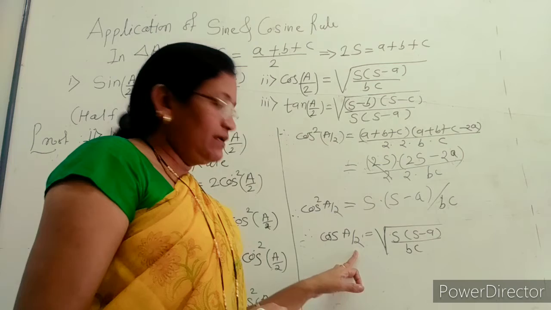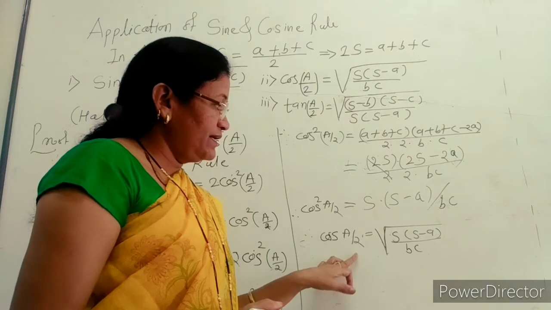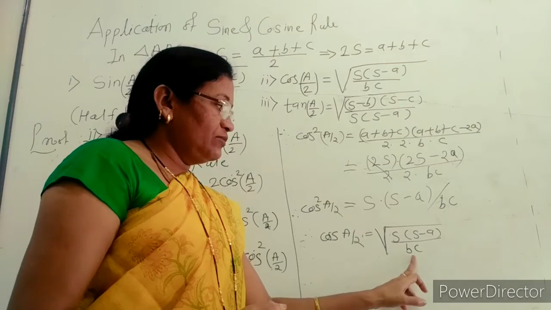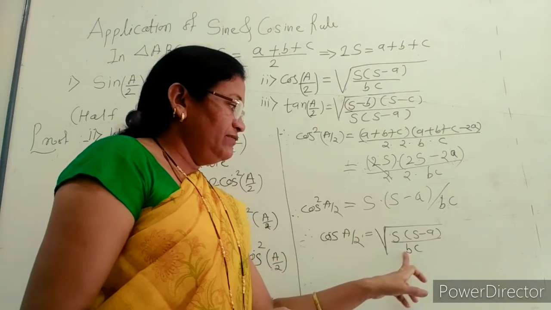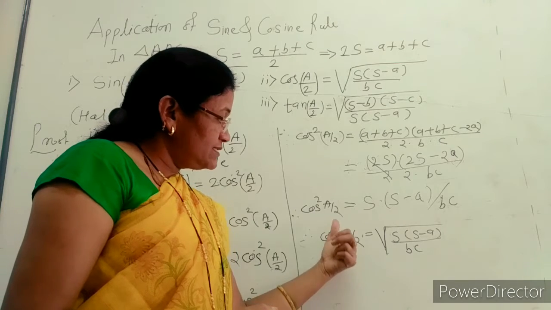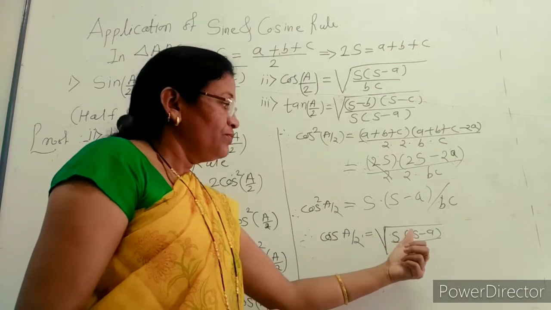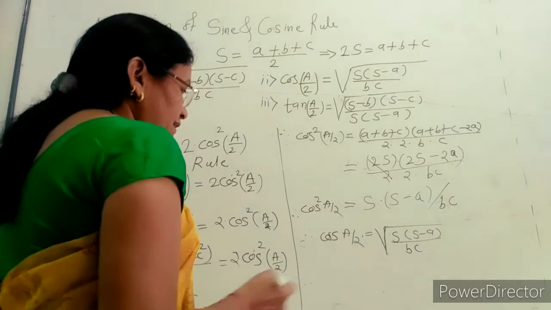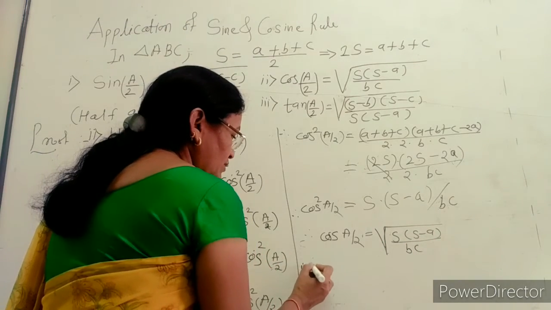Again in symmetric manner replace A by B by 2. Here we take subtraction of b, and the remaining length of two sides, here a and c. If you take angle C by 2, then we take s into s minus c upon ab. So by taking symmetry we find the corresponding proof.